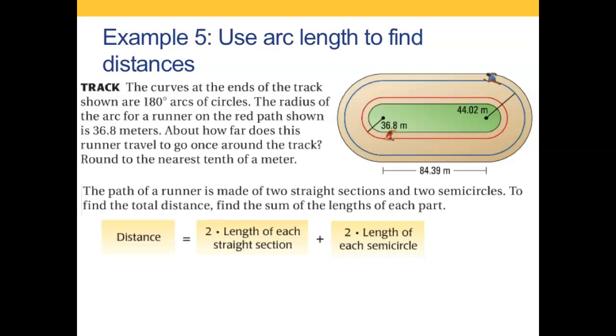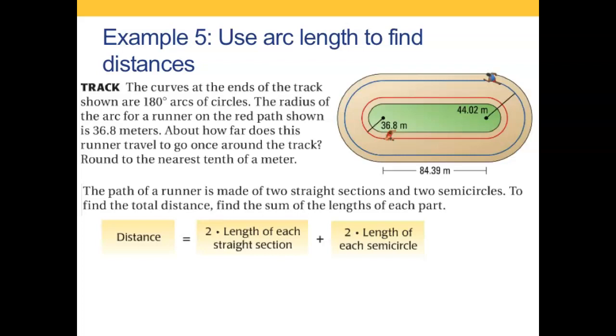Now, we're told that the length of the straight section is 84.39. And then to find the length of each semicircle, well, a semicircle is going to be 1/2 of the circumference. What's the circumference? It's 2 pi times, and if we look how far out it goes to the red line, it says 36.8.